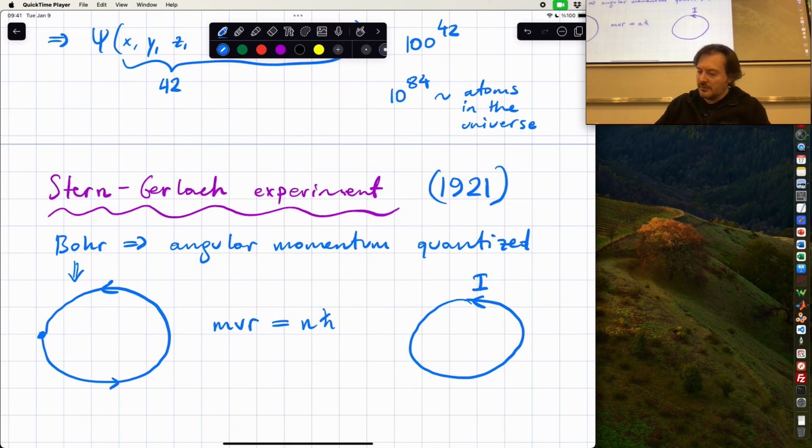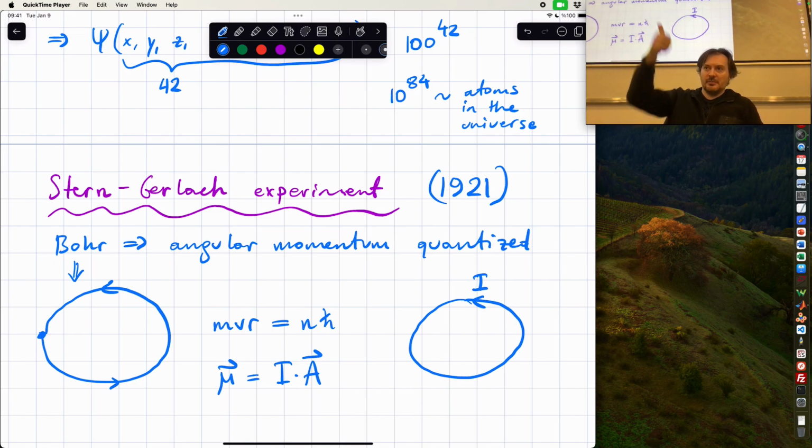So there is a magnetic dipole moment, which is current times the area. And the area has a vector direction, because depending on how you rotate, the vector points outwards like that. Do you remember this from Physics 102? Isn't it the electric field, mu, or magnetic? This is the magnetic dipole moment.